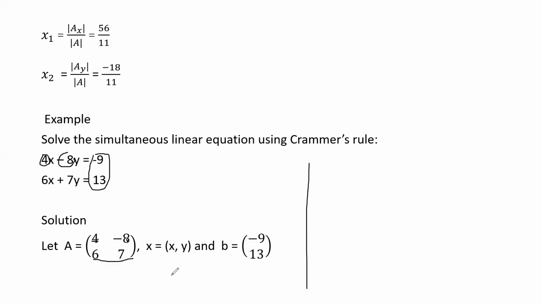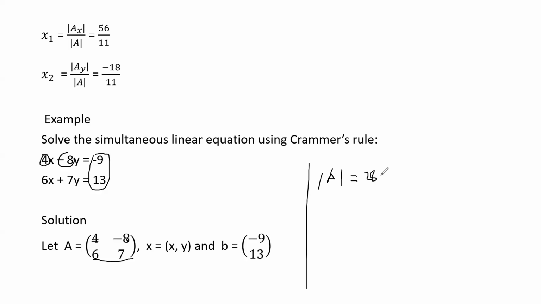So now we have A, we have X, we have B. Let's first find the determinant of A. What's the determinant of A? Everybody should be able to do this one. Determinant of A: 4 times 7 is 28.